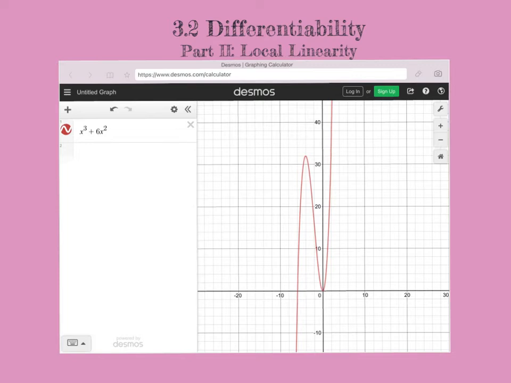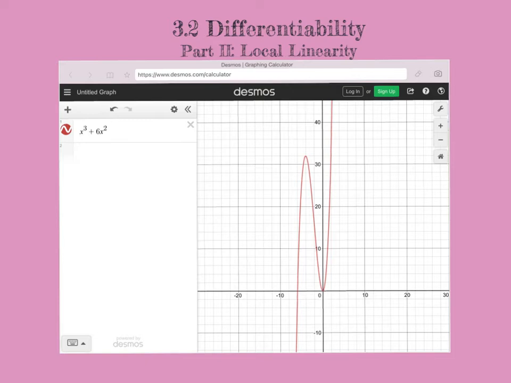That means I can draw a tangent line there. It starts to actually look like its own tangent line. So local linearity is the idea that a function is differentiable at that x value and it closely resembles its own tangent line if you zoom in far enough. So if you go locally enough into the graph, it's basically linear.